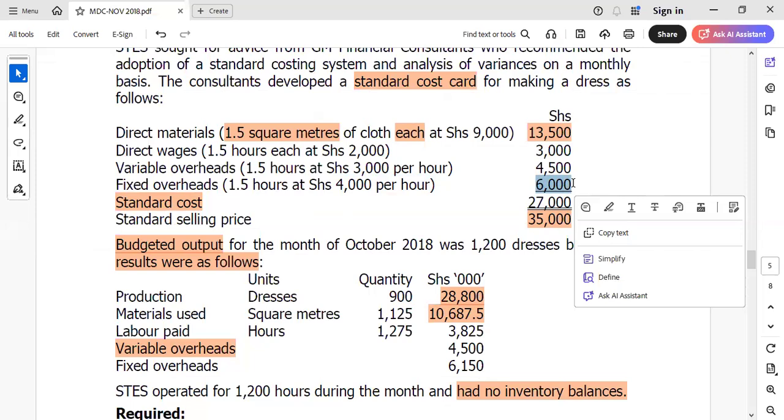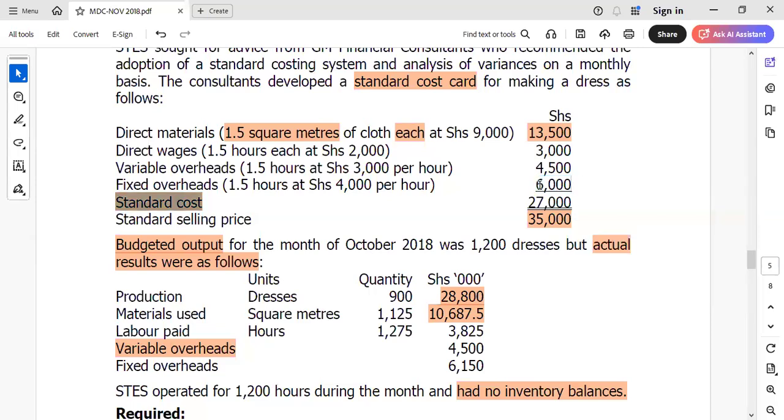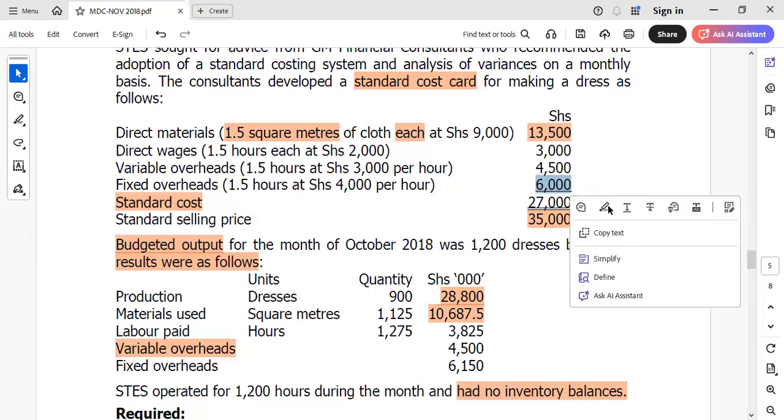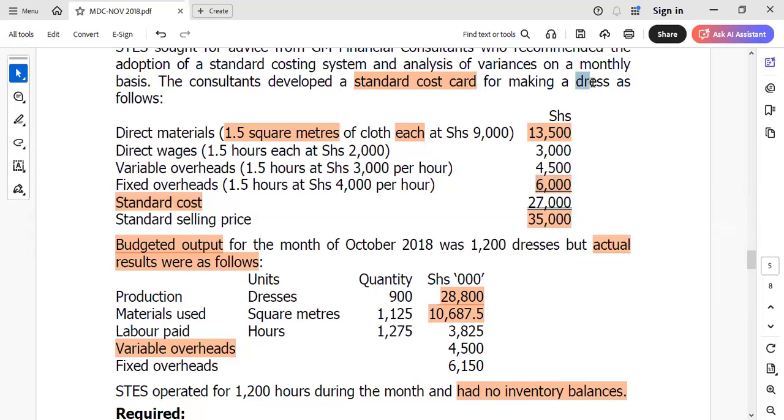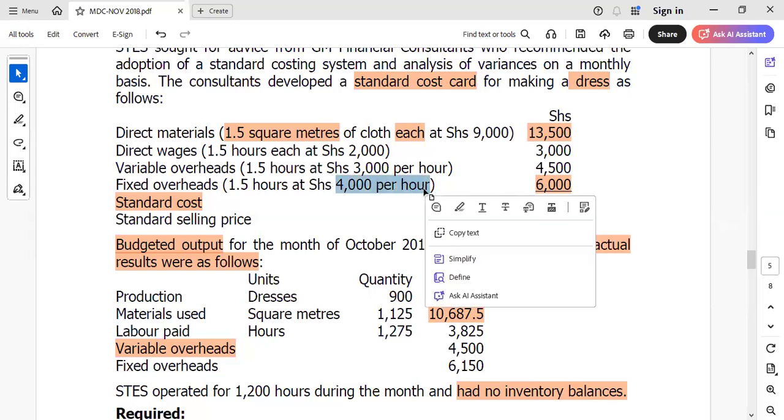This is 6,000 per dress. That's where students normally make mistakes. They end up using the 4,000, yet what they are converting are dresses. So we use the 6,000.